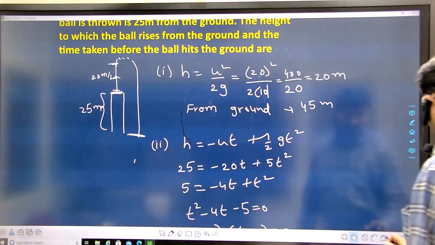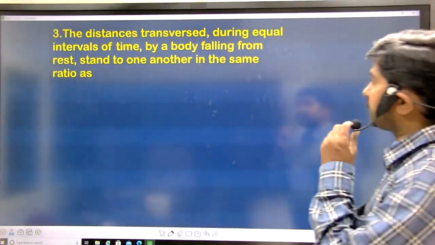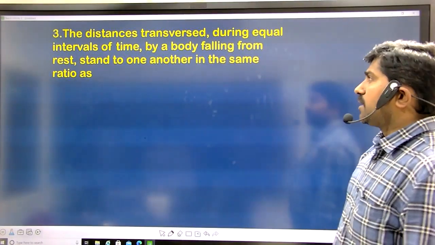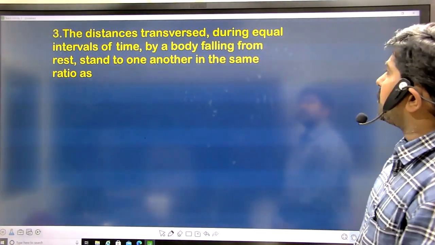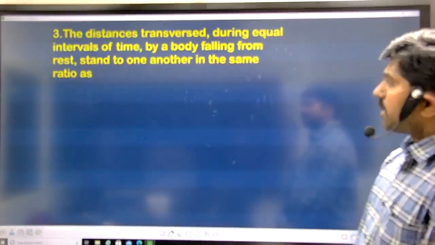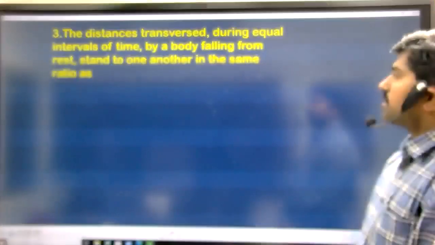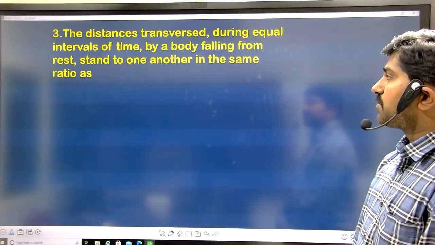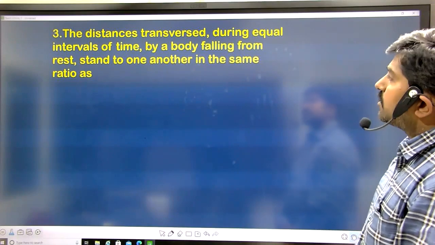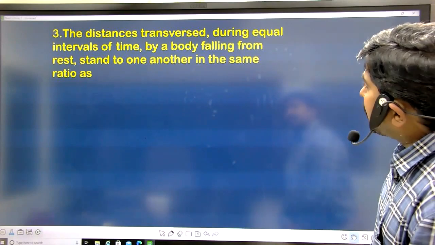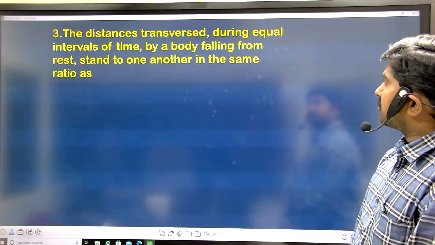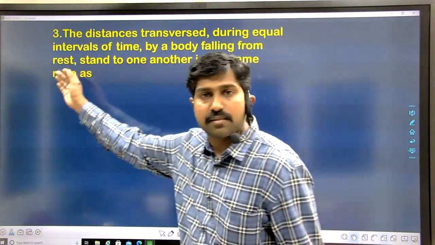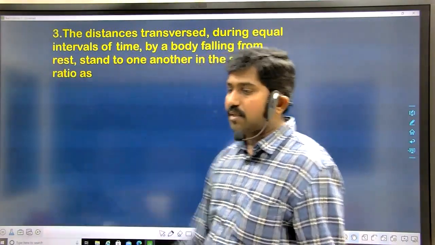Okay. Now, question number 3. The distances traversed during equal intervals of time by a body falling from rest stand to one another in the same ratio as. When any particle starts falling from rest, we can say that the particle is dropped.